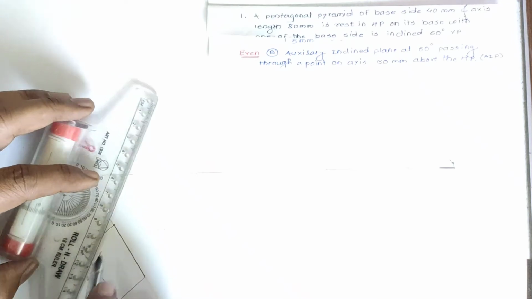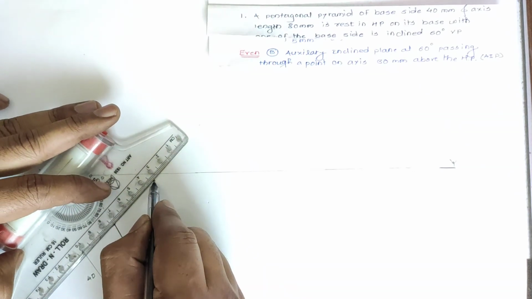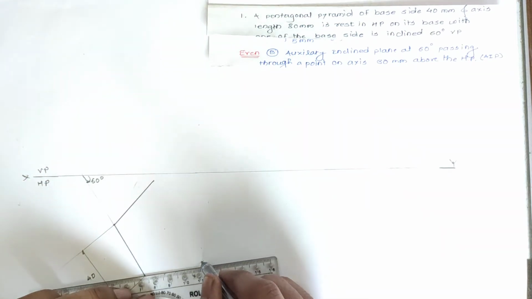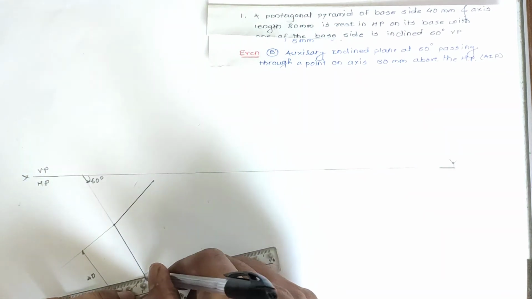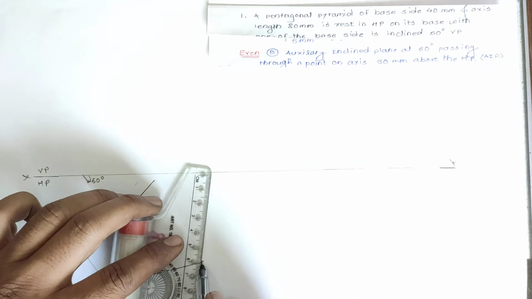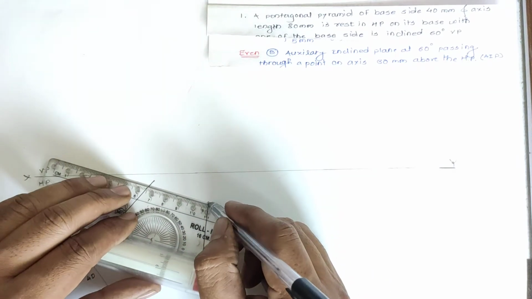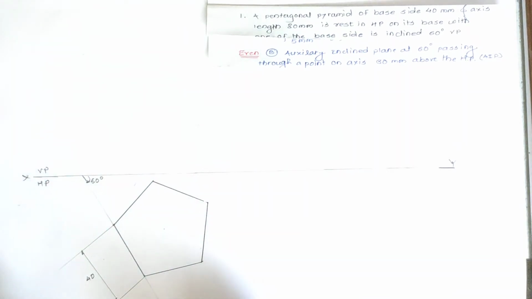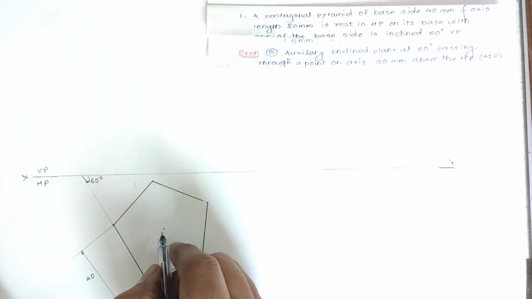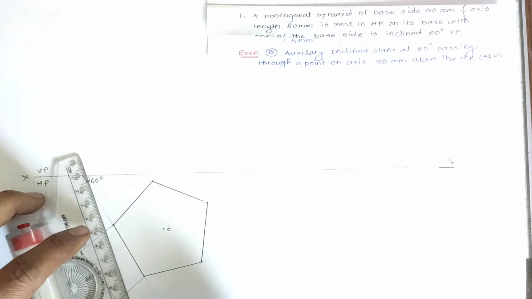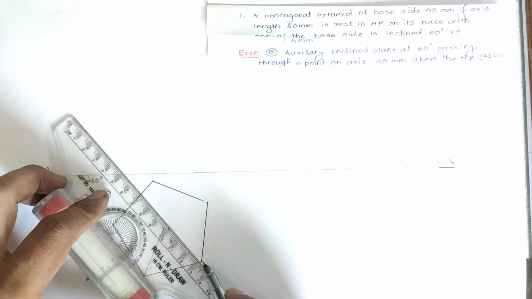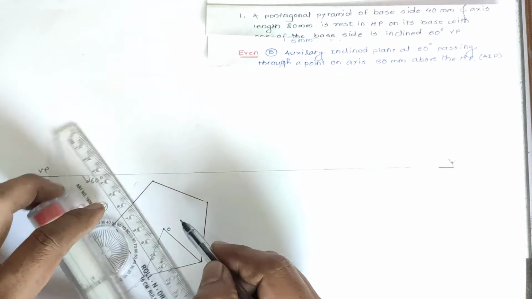Then construct the pentagon with the base side inclined at 30 degrees. Then the apex O. Connect apex O with the slant edges.